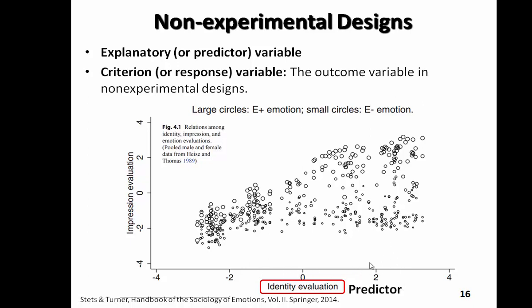So in this study, the evaluation of a person's identity was actually quantified, in which case a numerical value was applied to the predictor variable. The criterion or response variable of interest in this study was a variable referred to as impressions. So an individual's impression was evaluated and quantified in a similar manner.